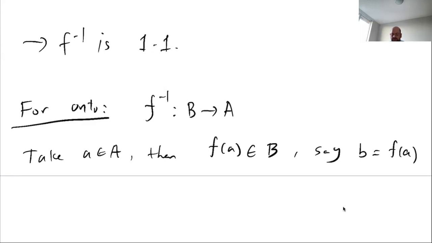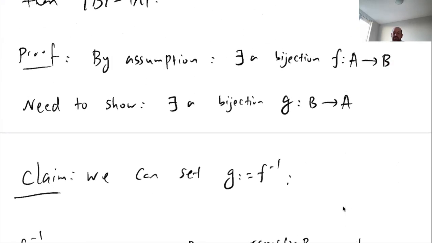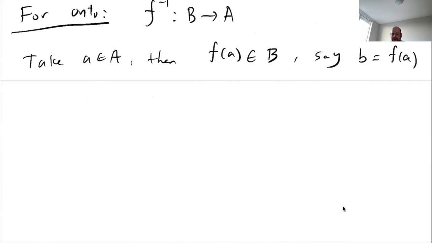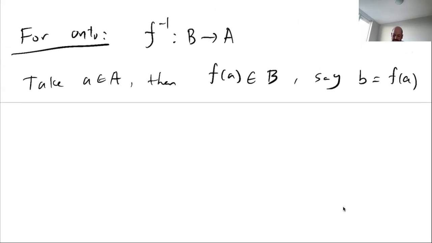F of a is in B, because the original F is from A to B. So if I take some element a in A, F of a would be in B. I called it small b. Now, what would be F inverse of b? F inverse of b would be a.